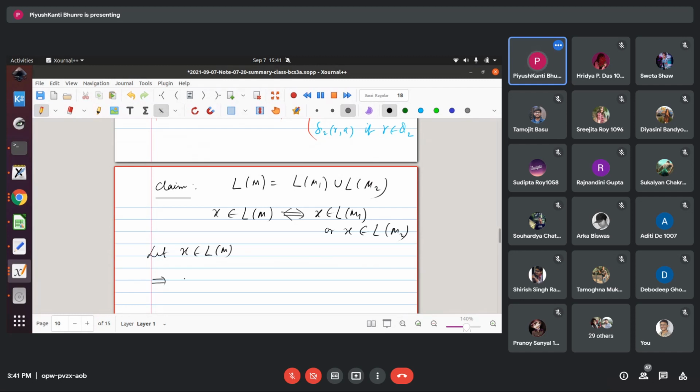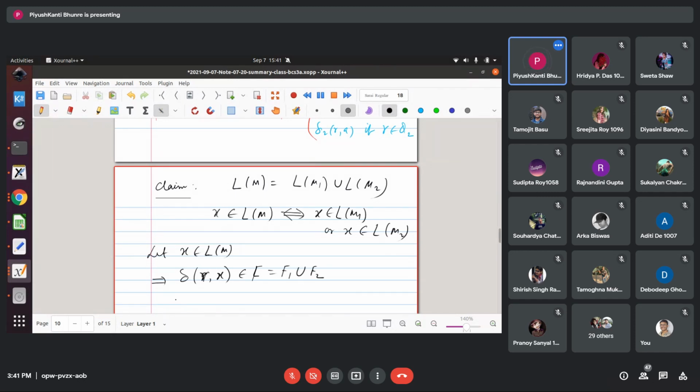So that means delta of Q0, X belongs to the final state, right? So this is equal to F1 union F2.